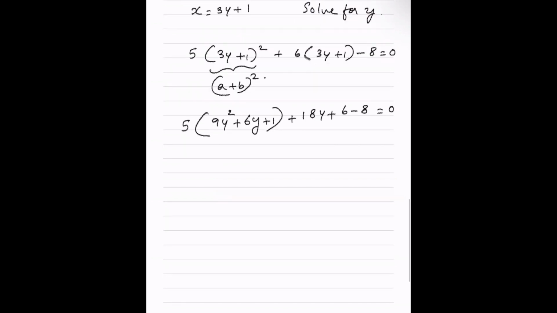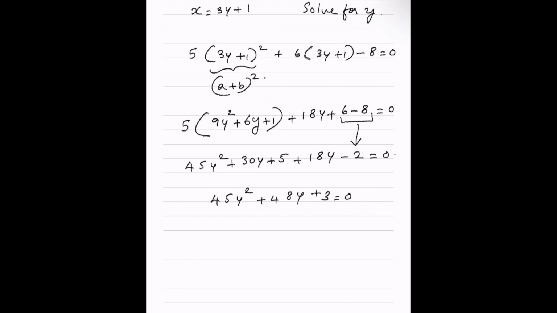Now multiply 5 to each and every term in the bracket. So it will become 9 5s are 45y square plus 30y plus 5 plus 18y minus 2 equal to 0. Now this is 45y square plus 48y plus 3 equal to 0.